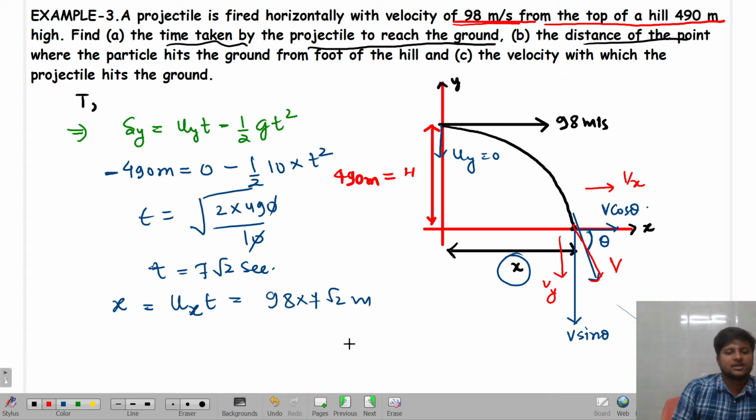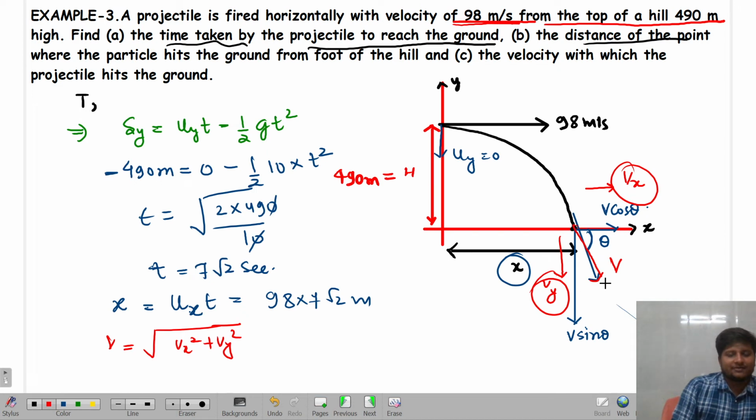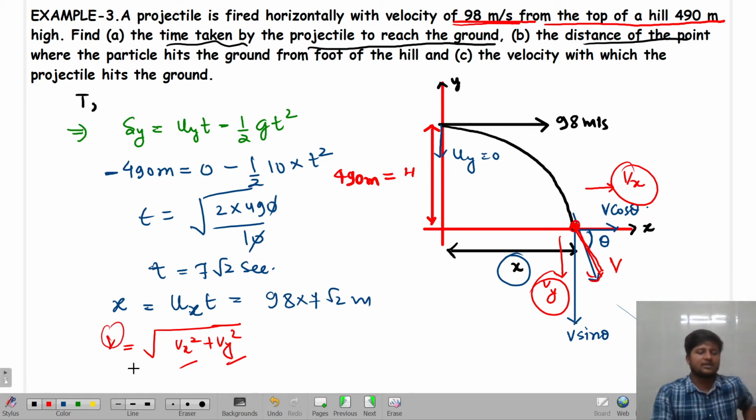That resultant velocity is going to be root over Vx square plus Vy square. Resultant velocity direction is towards the ground. This particle is hitting the ground with this resultant velocity. So if you are aware of Vx and Vy, you can calculate the resultant velocity with which the particle is hitting the ground. Now, how to calculate Vx and Vy?